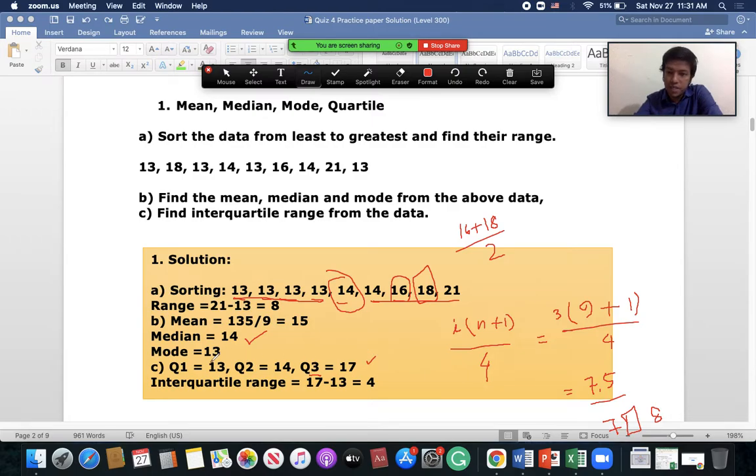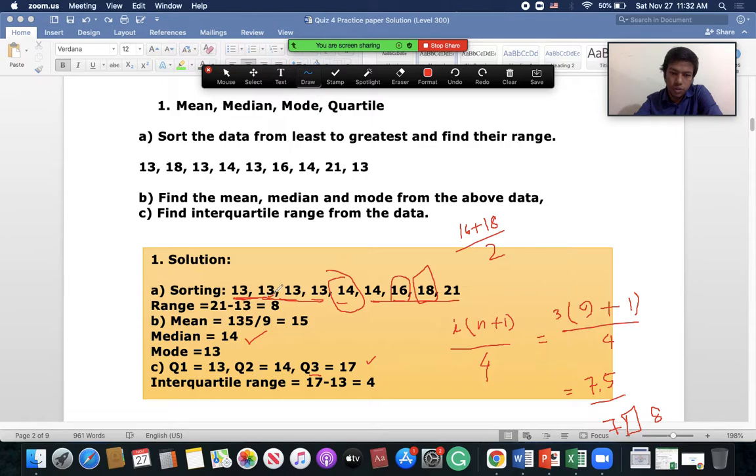For finding quartile 1, you put 1 here. So 1, then 9 plus 1 is 10. 10 into 1 means 10. 10 divided by 4 means 2.5. Now this is kind of tricky.